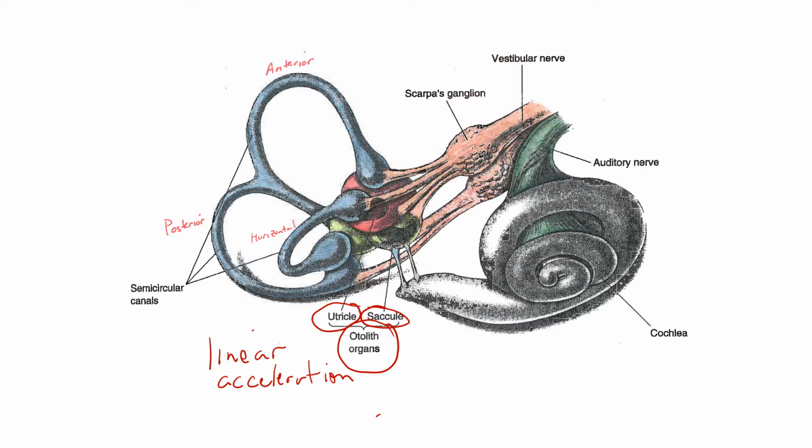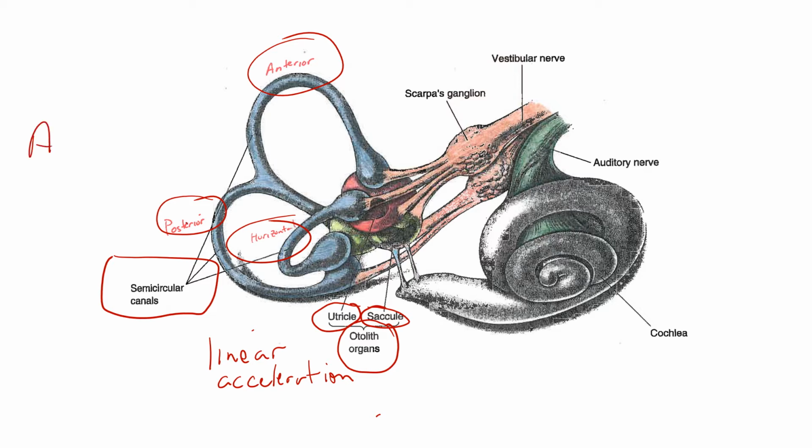The other part of the vestibular apparatus is the semicircular canals. The semicircular canals are arranged in the X, Y, and Z planes of the body. So we have an anterior, a posterior, and a horizontal semicircular canal.